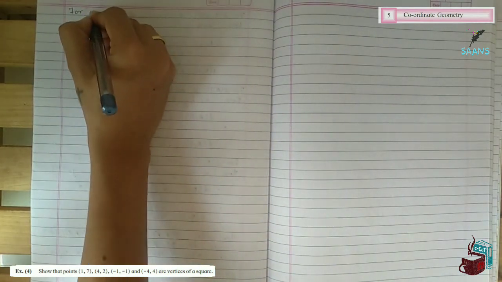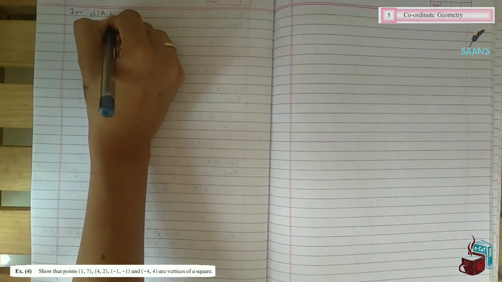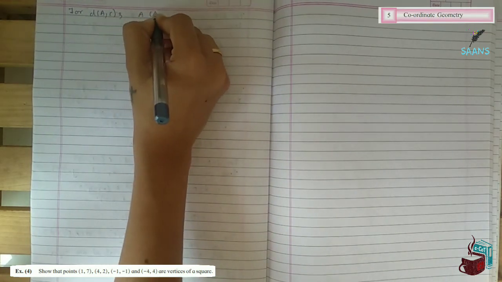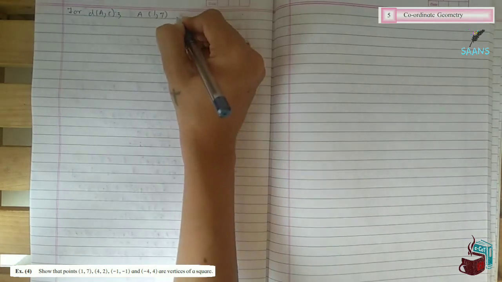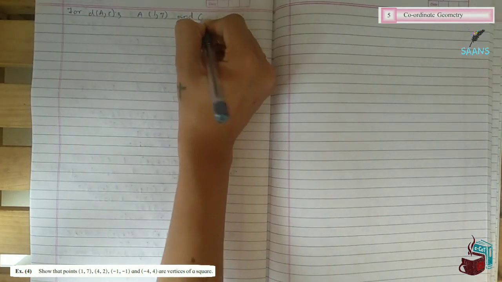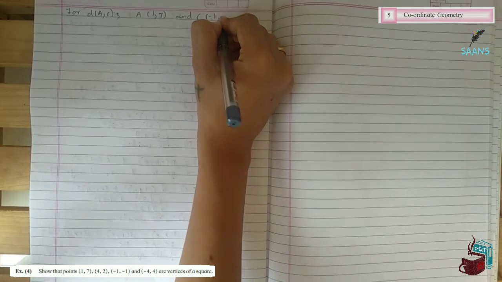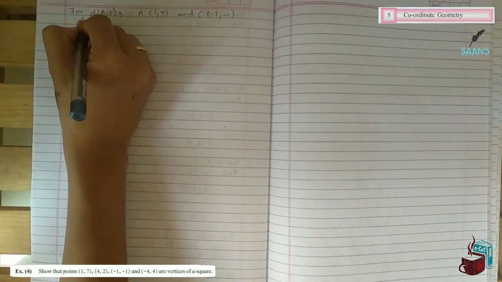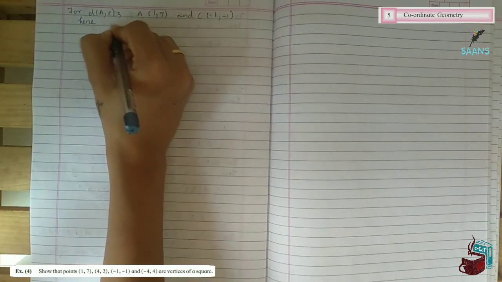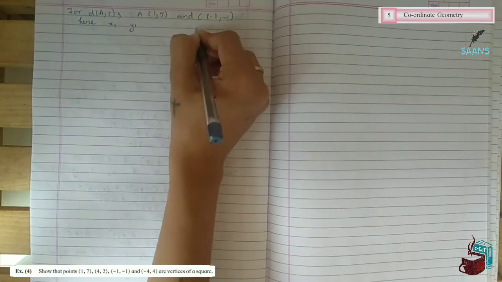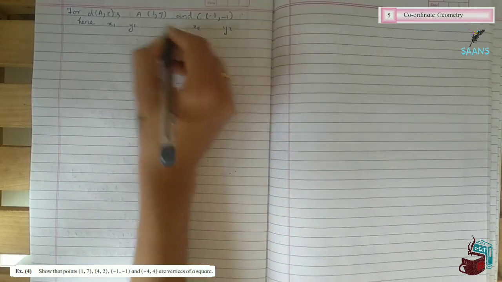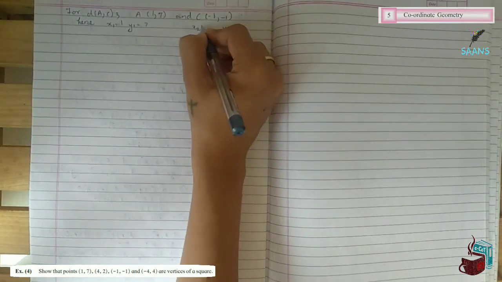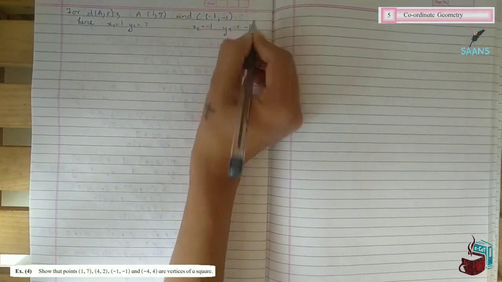So for distance A comma C, A is 1 comma 7 and C is minus 1 comma minus 1. I'm sorry if I'm not audible for AC. Here x1, y1, x2, y2: x1 is 1, y1 is 7, x2 is minus 1, y2 is minus 1.